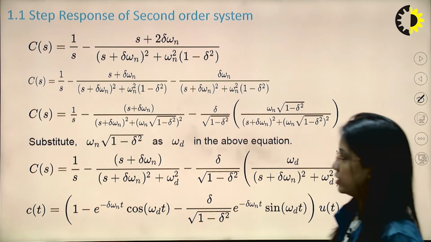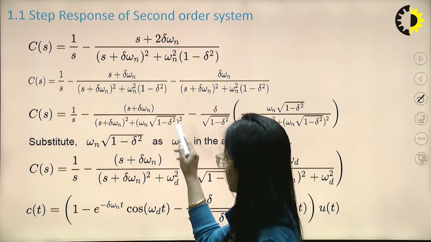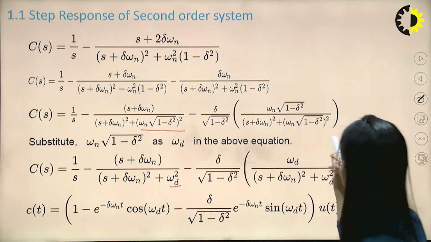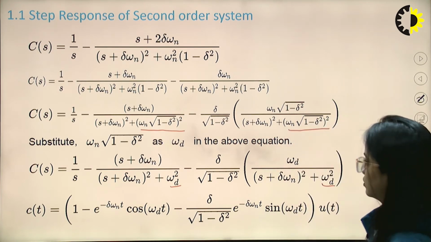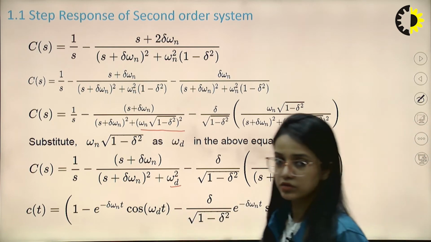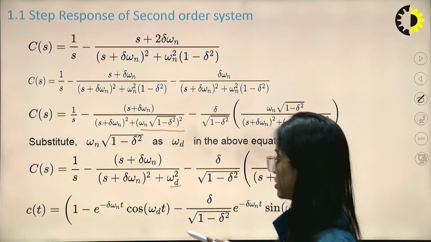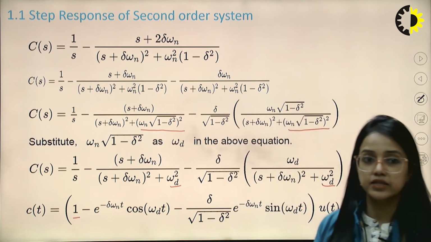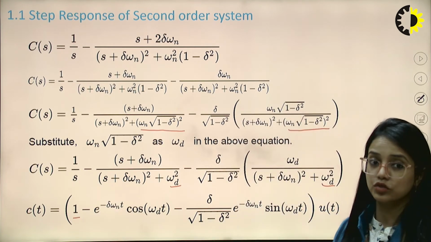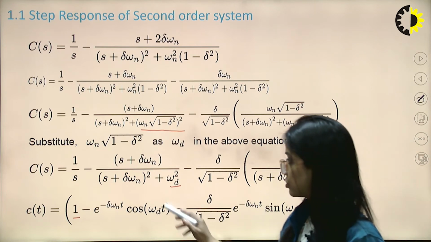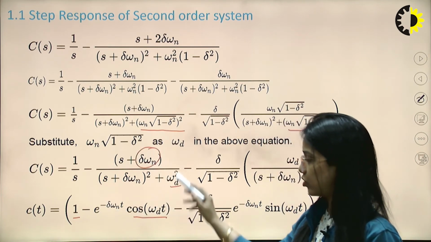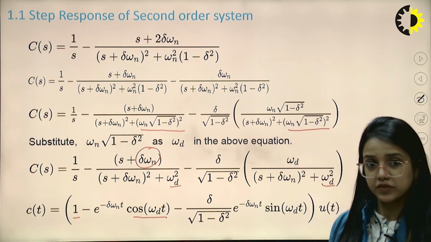From here, I am writing this term as omega d square, and also this term as omega d square. Of course, we now have to take the inverse Laplace. The first term goes to 1. The second term comes with e raised to the power minus zeta omega n t, and this is a cos function, cos omega d t.